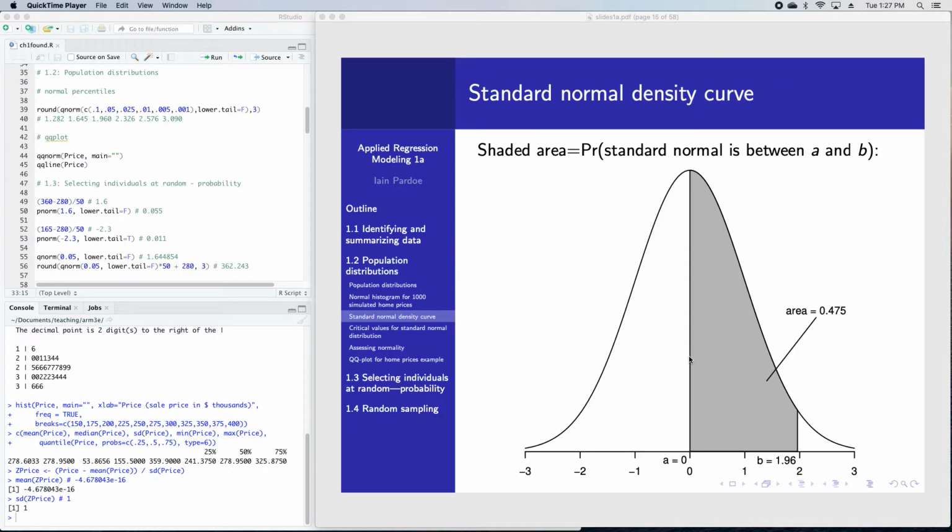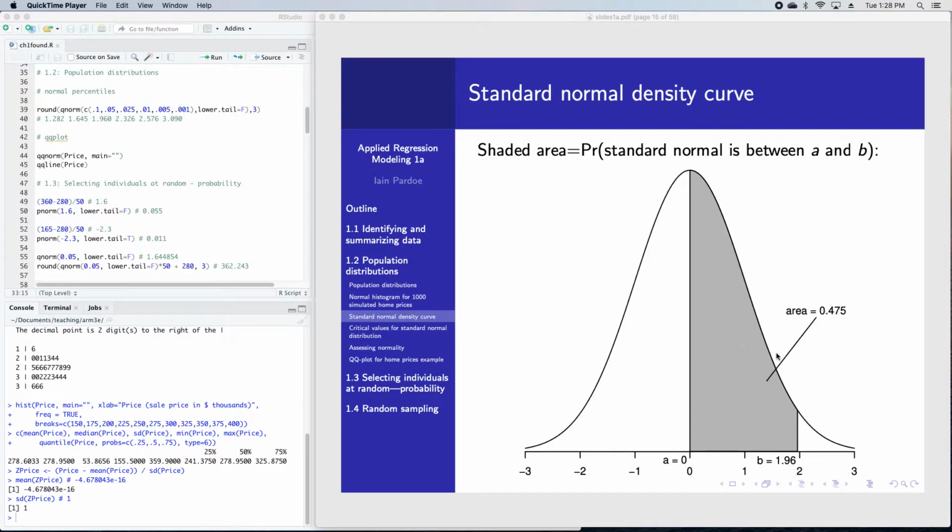Let's go back to the picture here. This tail area here, where I've got my mouse pointer, is 0.025. Remember, the whole area was 1, and this line in the middle divides it in half. So the area to the right of this line, all the way out to the far right tail, would be 0.5.